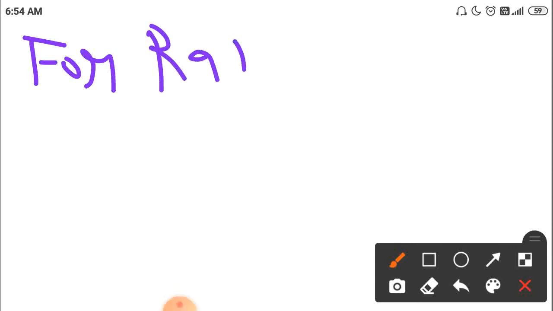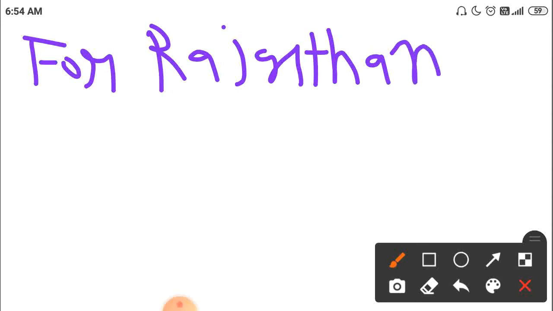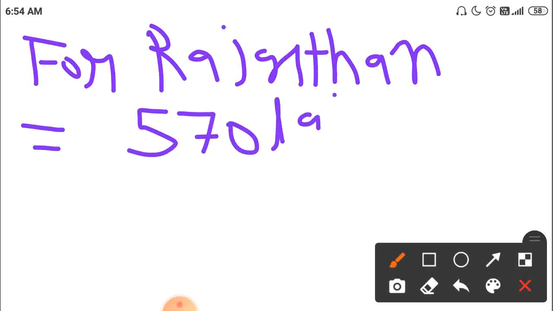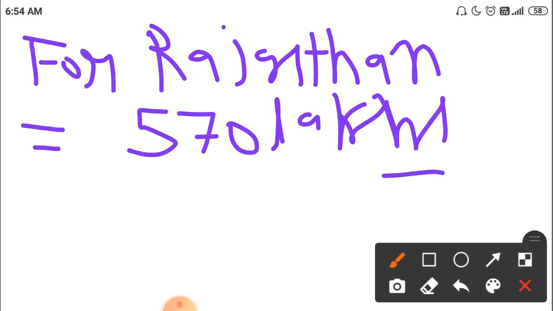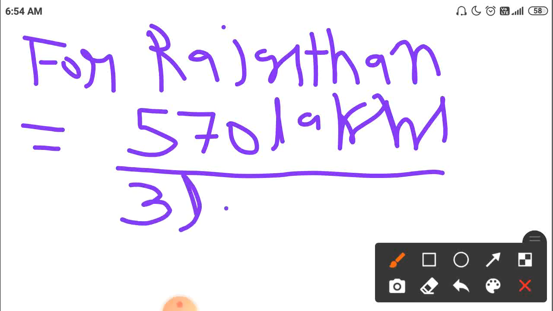For Rajasthan, it is equal to 570 lakhs divided by 3 lakh square kilometer.